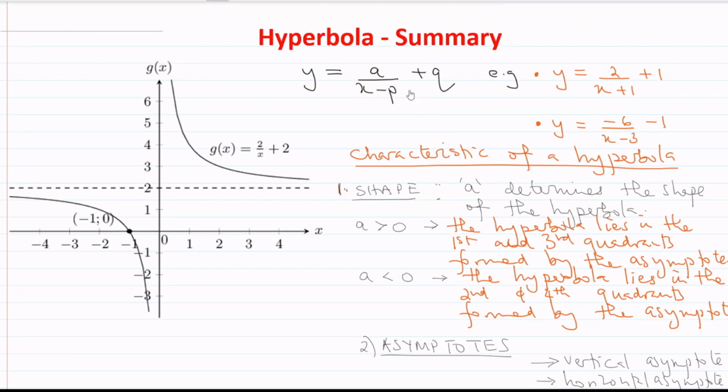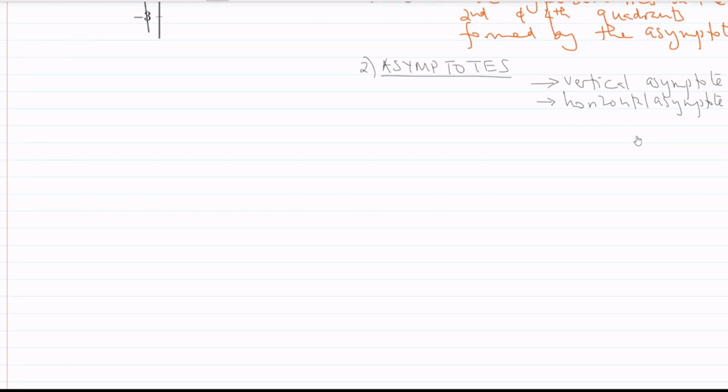Remember, we are characterizing our equation, right? We said that A determines the shape. Now we are coming to P and Q. The value of P that we have here, like here we said that P is -1, and here P is 3. Okay, so those values -1 and 3 tell us the equation of the asymptotes.